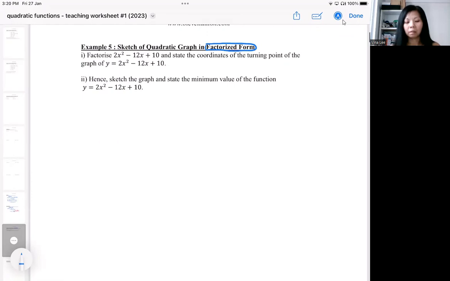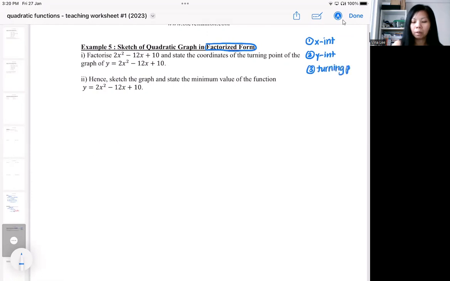Whatever it is, when we want to do a sketch of a quadratic function, you should have three things in mind. In general, we should have the x-intercept in mind, the y-intercept in mind, and also the turning point in mind.